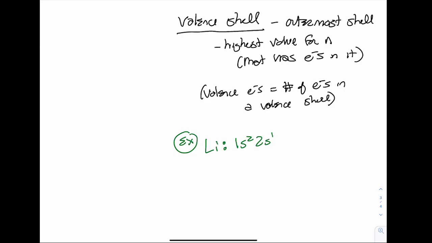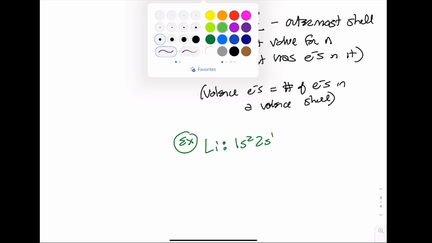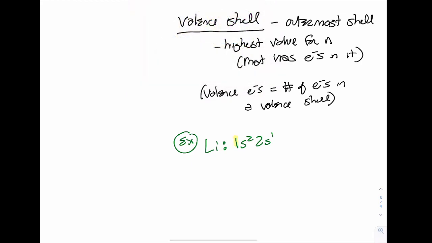So if I look at my values for n, remember those are my numbers here, I have a 1 and I have a 2. 2 is bigger than 1, so my valence shell is shell 2. And then my number of valence electrons is the number of electrons in that shell, which is 1, right? I have 1 electron in my second shell with lithium.